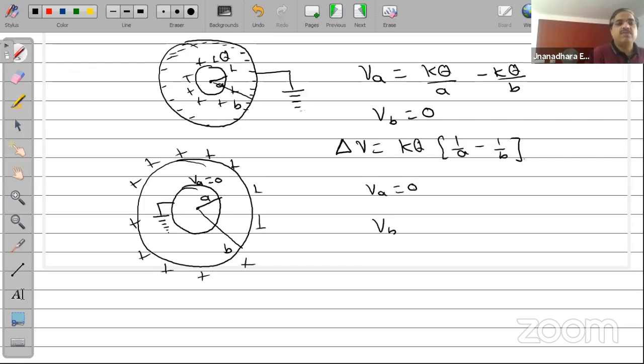But you can show that VB will be equal to KQ by B square into B by A. The reason being that there'll be some amount of charge on this as well.